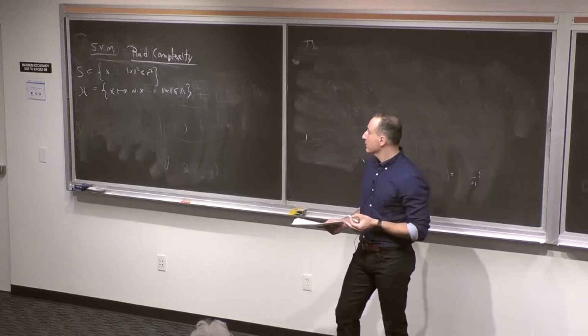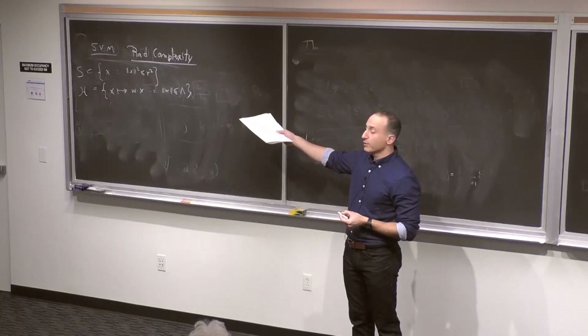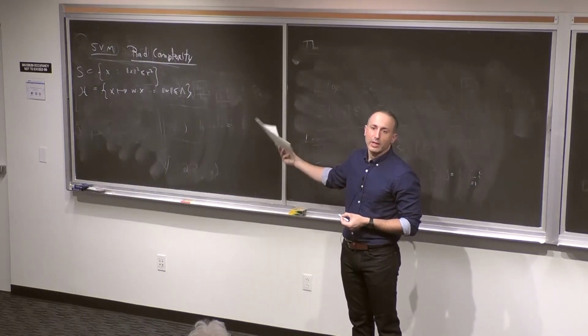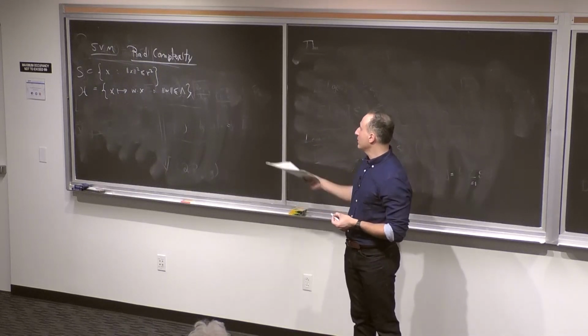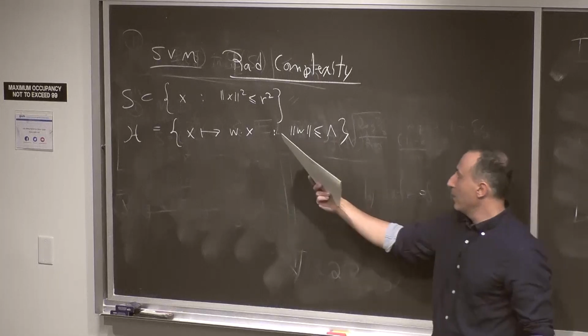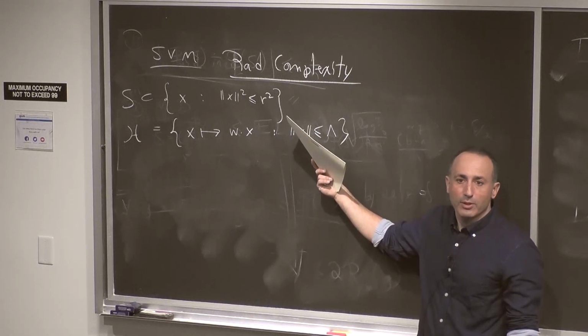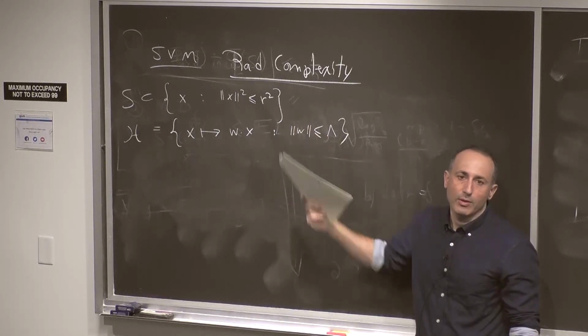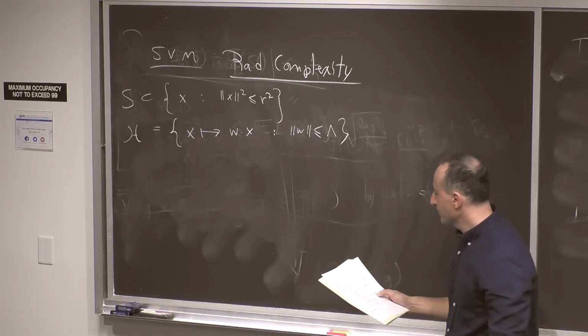Now in practice, you don't train on this constrained problem. You train on the relaxed version of it, where you minimize the loss plus some lambda times this norm, or this norm squared, which is just as good.